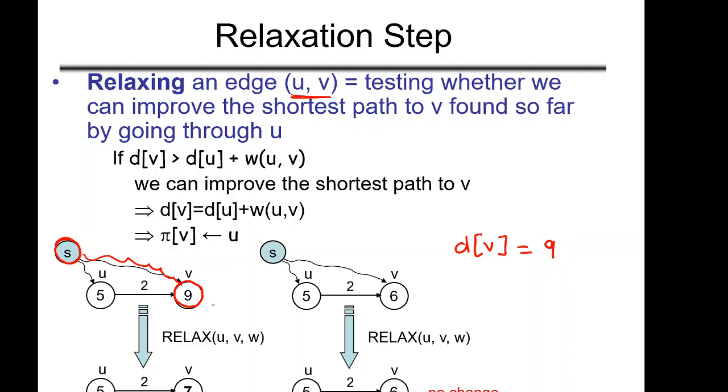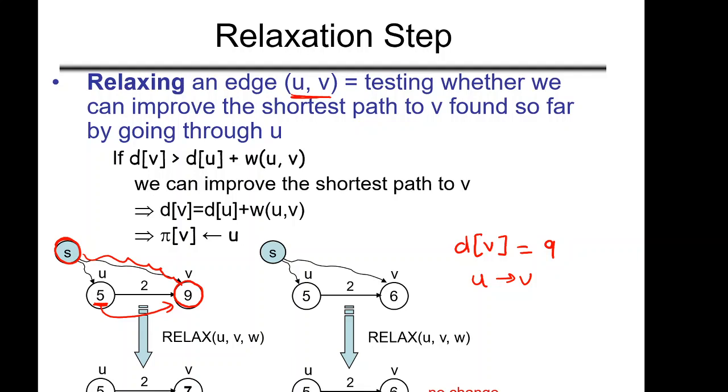Relaxing means we check, if we travel from u to v instead of that extra path, does it improve the cost of the shortest path? Does it minimize the cost further? This is what we have to check, and if we do this, it is called relaxing an edge.